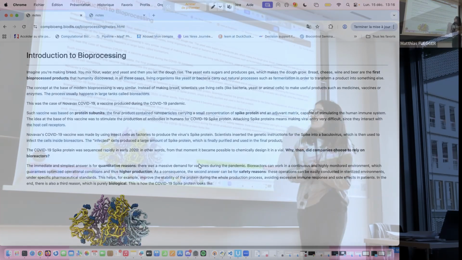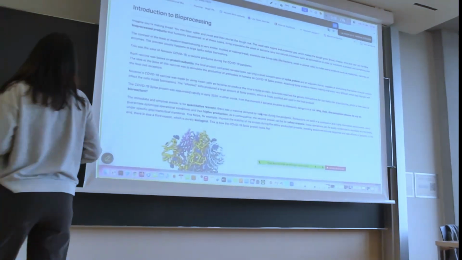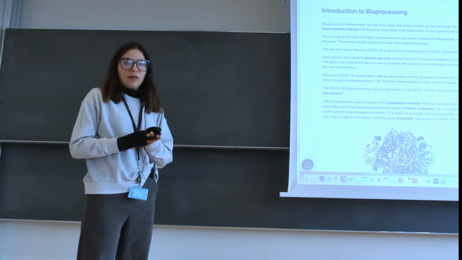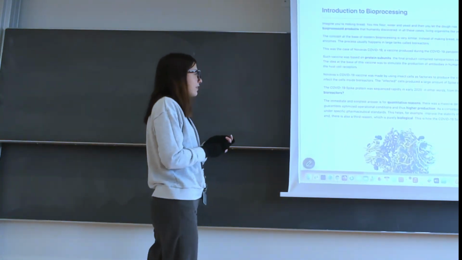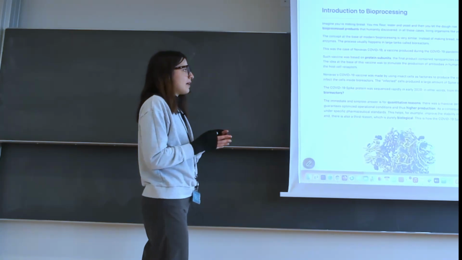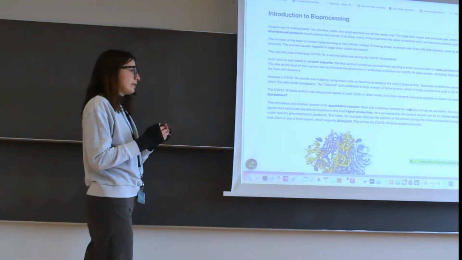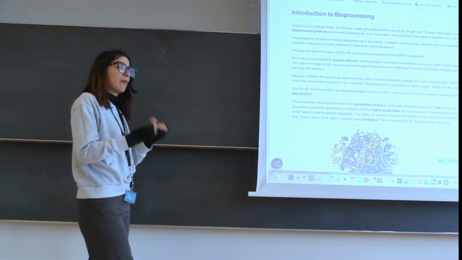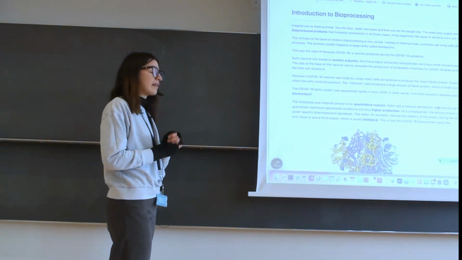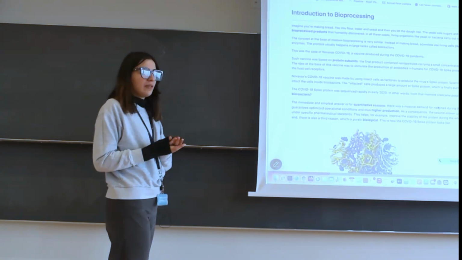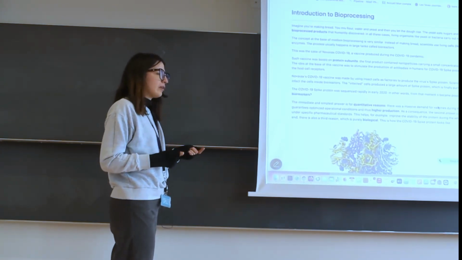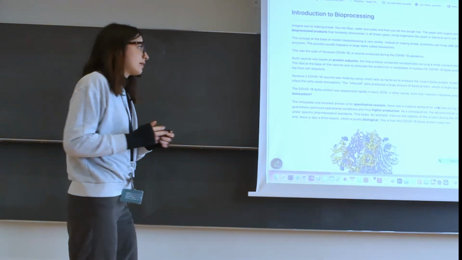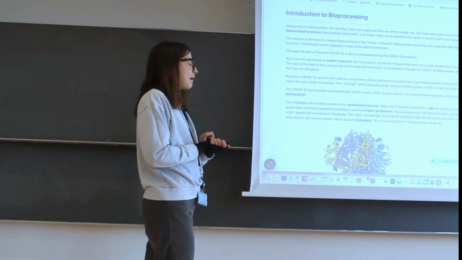So let's start from the base. When we talk about bioprocessing, we talk about the act of producing something from cells that can be, for example, human cells, bacteria cells, or other kinds of cells.